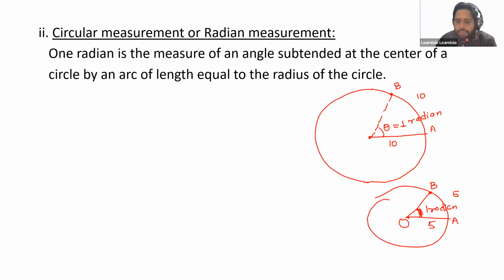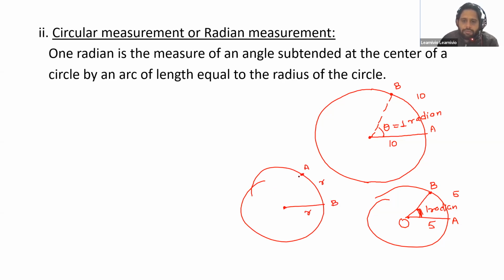If the length and radius are equal, then we will say that the angle is 1 radian. Suppose we have this circle with radius r, and an arc AB, and this is also r. Yusra, can you tell me what is the angle at the center? 1 radian. Okay, so this is 1 radian.